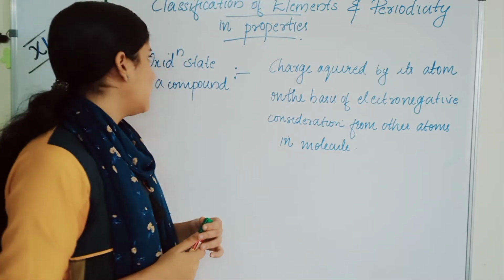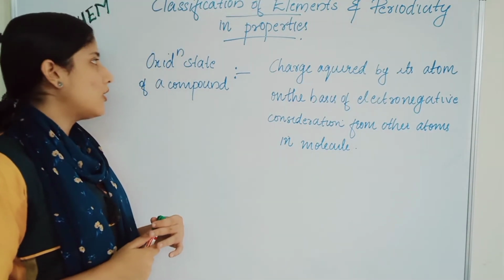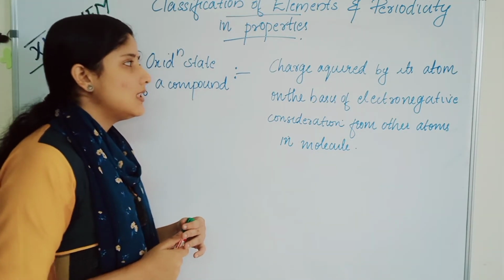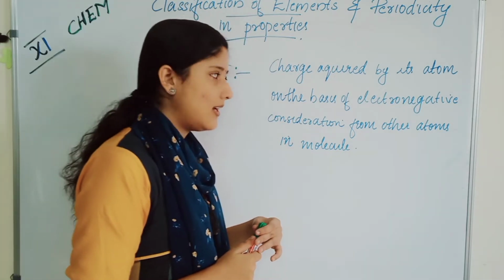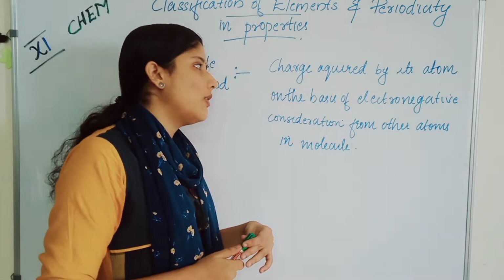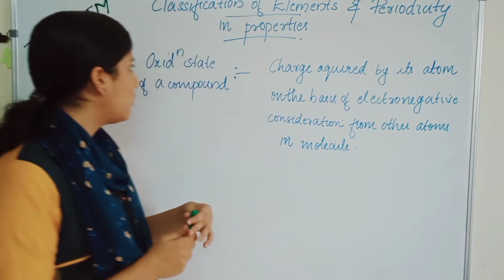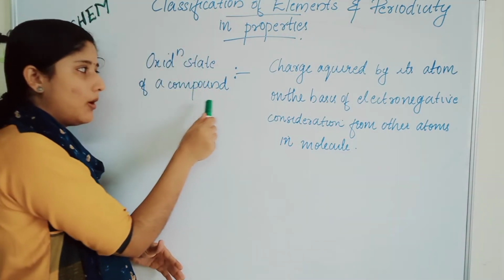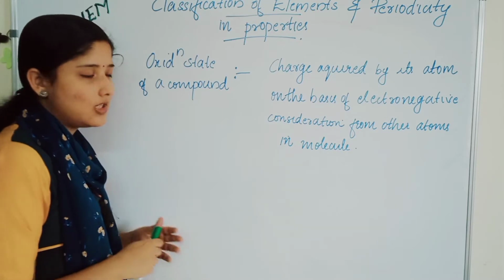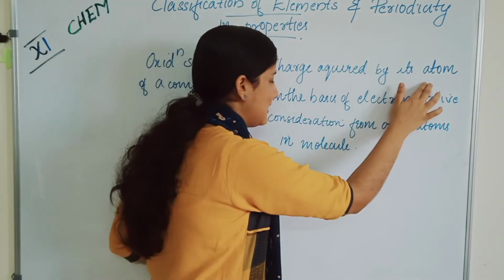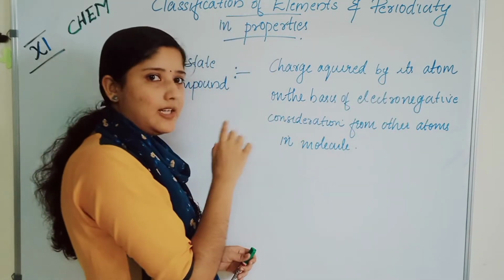One more definition that we can give to the oxidation state of a compound in particular is, it is the charge acquired by its atom on the basis of electronegative consideration from other atoms in the molecule.